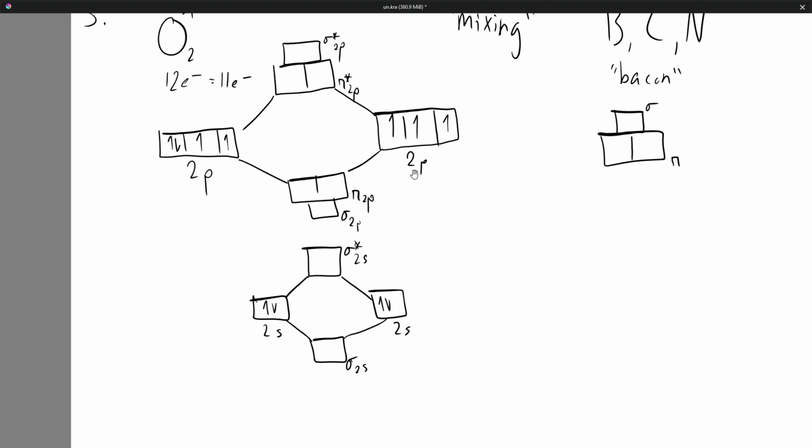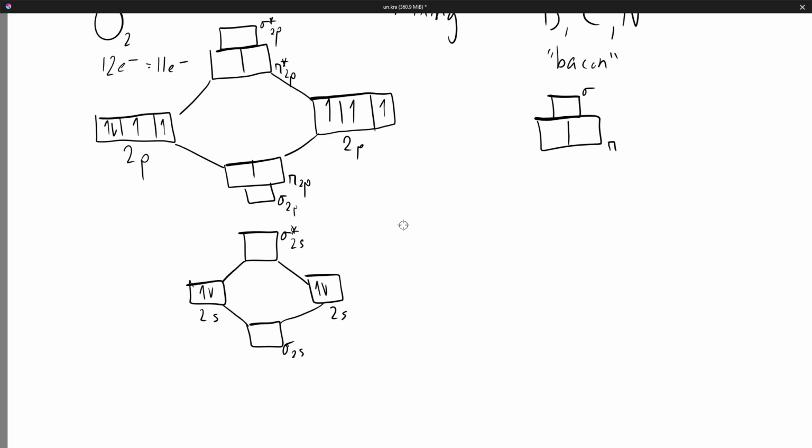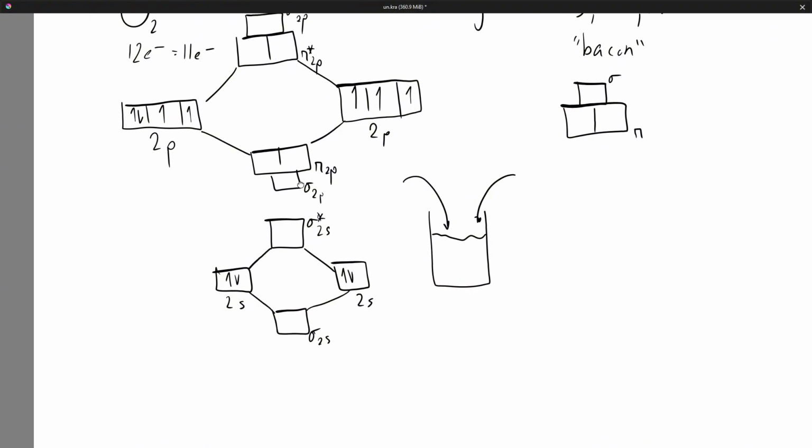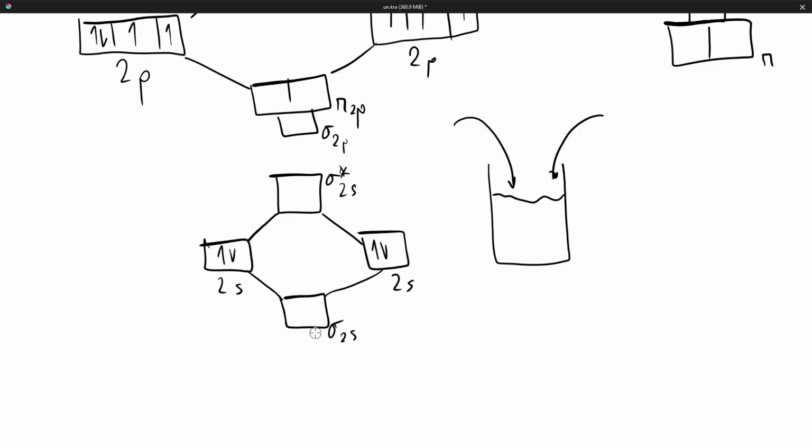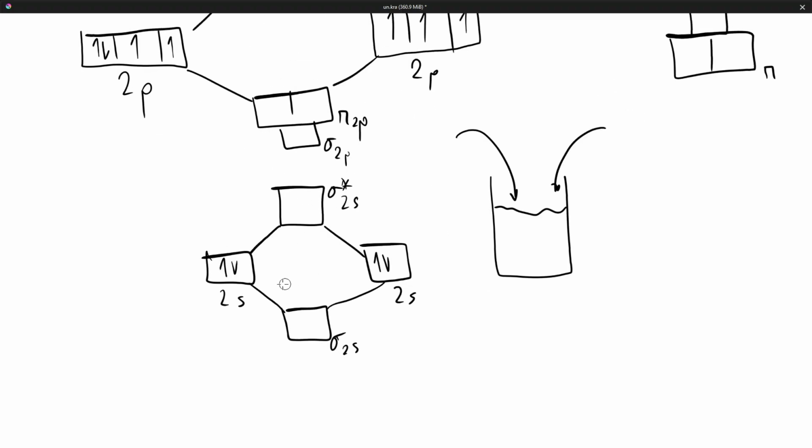Okay, so now we're gonna start filling in these orbitals. Think of filling a glass of water with water from both sides. These electrons are the sides. We're filling up this glass from bottom to top. So we start off at the very bottom, sigma 2s. Each box can hold 2 electrons. So we siphon 1 from each side. 1, 2.